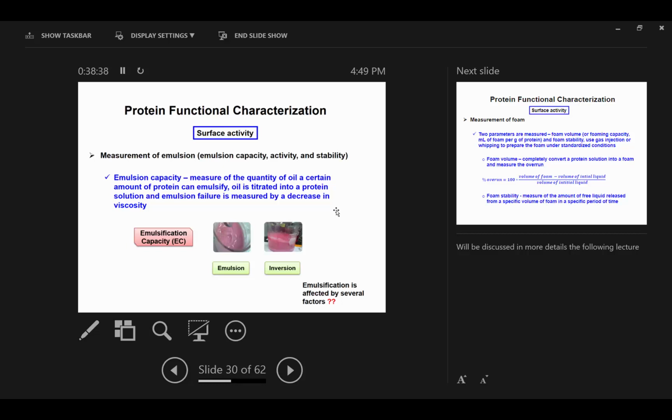It readily associates on the surface of the emulsion and has the hydrophobic and hydrophilic balance. Whey protein, for example, is a globular protein, very hydrophilic on the surface. It won't form a good emulsion unless you denature it a little bit, so that you open up some of the structure and expose some of the hydrophobic groups.